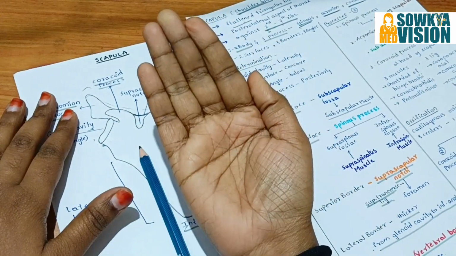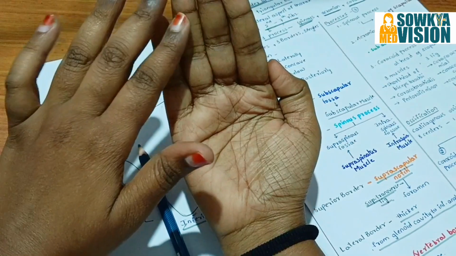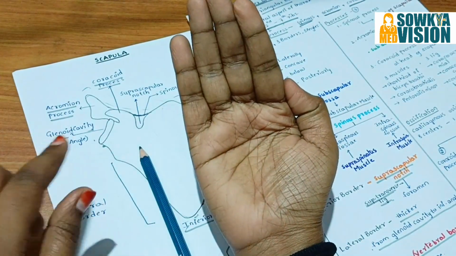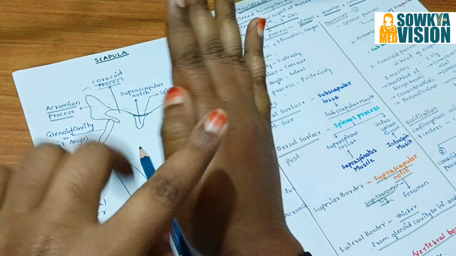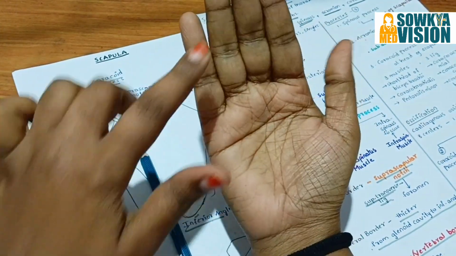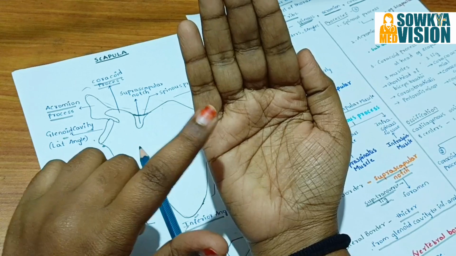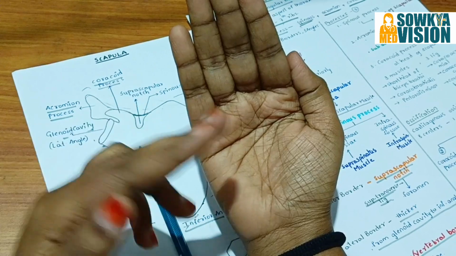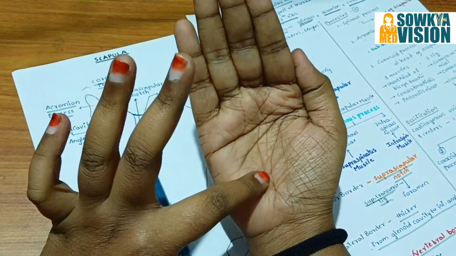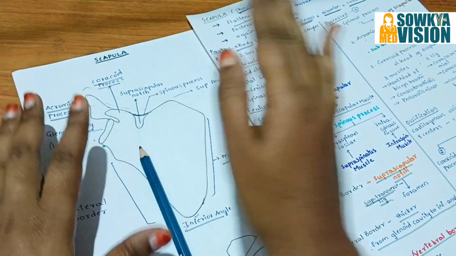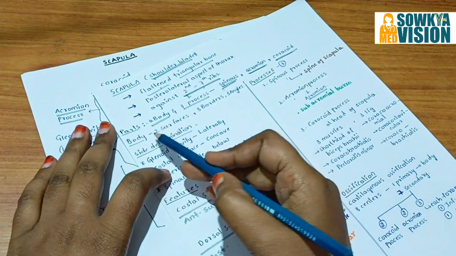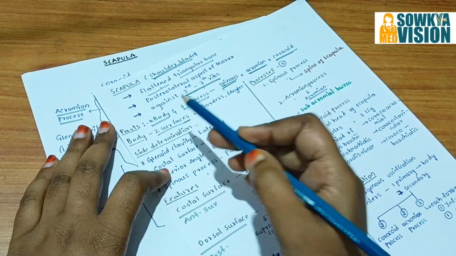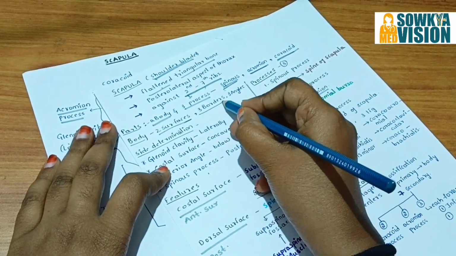As we are viewing anteriorly, this is the anterior view, and this will be the dorsal view. The anterior surface is also called the ventral or costal surface. The body has two surfaces, the costal surface and the dorsal surface, and three borders.